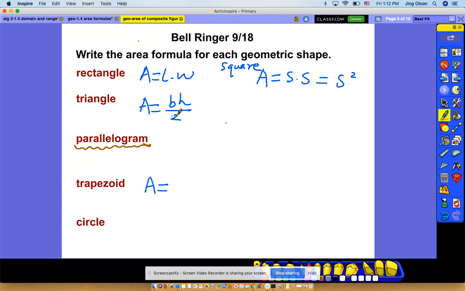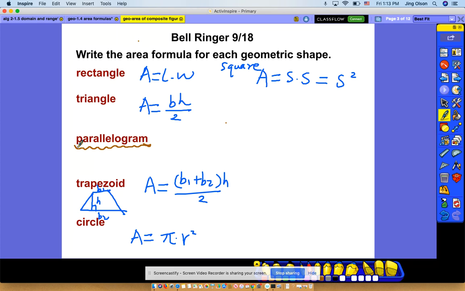Triangle is base times height divided by 2. A trapezoid has 2 bases, right? So the shape looks like that: base 1, base 2, and the height. So the trapezoid is base 1 plus base 2 times height divided by 2. Area of a circle is pi times radius squared.